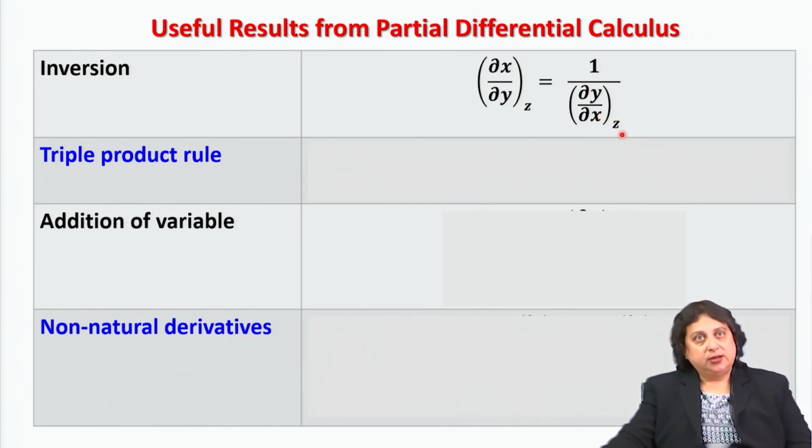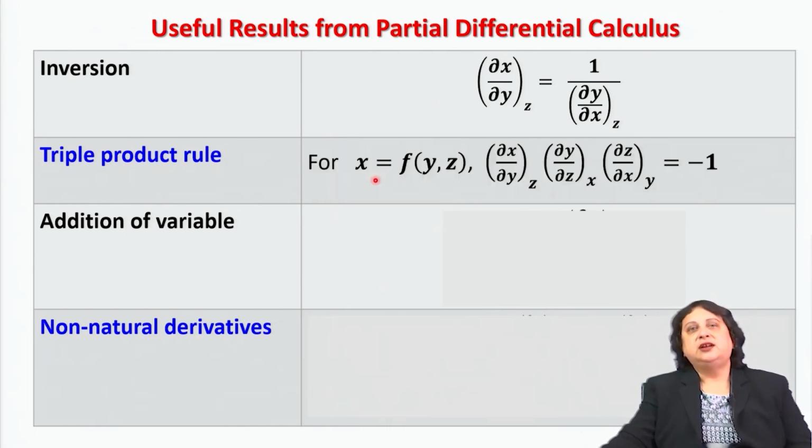And it is very useful to note that we kept on using this kind of relationship all throughout our discussion of thermodynamic properties so far. Now, there is a second one which is known as the triple product rule. When I am writing down the triple product rule, I am assuming that x is a function of two more variables y and z.